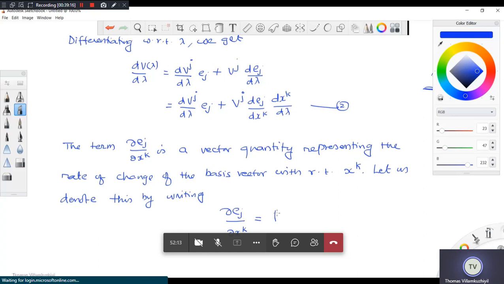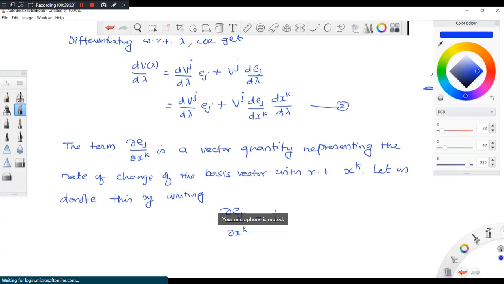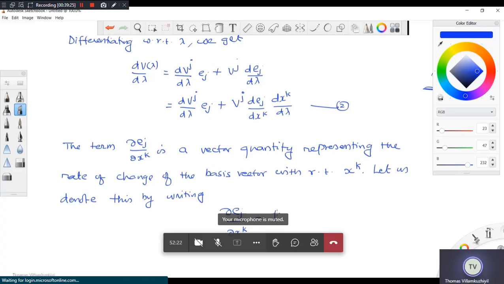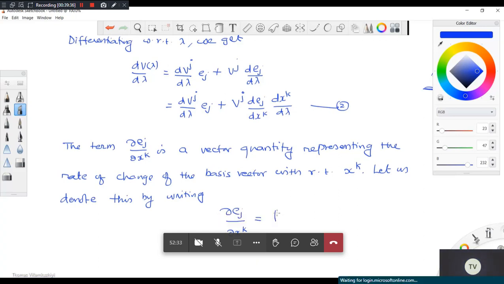Now I tell you the meaning of this notation. You are starting from P and going to Q, so in between there are many points.